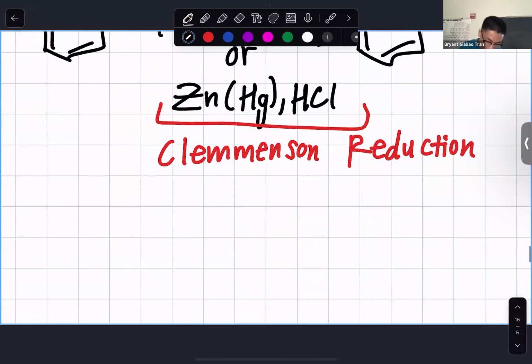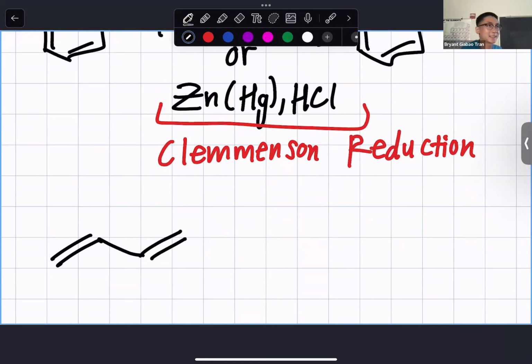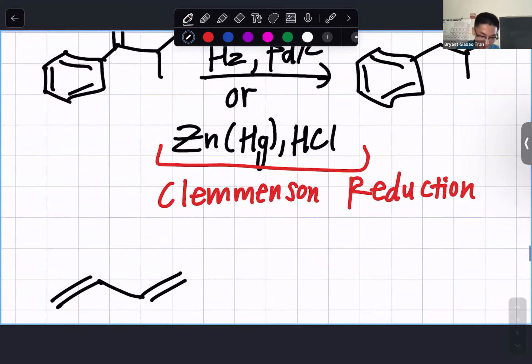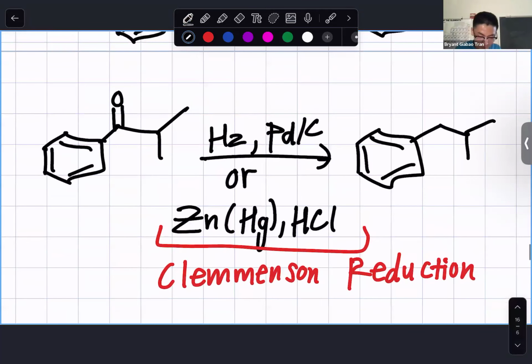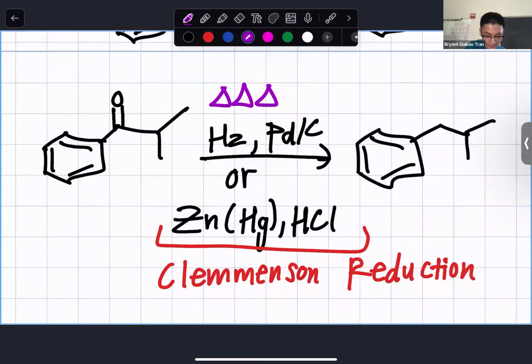Because if you have a conjugated system like this right here, that is conjugated, but it's not aromatic because it's not cyclic. It will get rid of all. You can force it to get rid of the double bonds if you put a lot of heat on it, a lot of energy on it. But that's not usually the case.